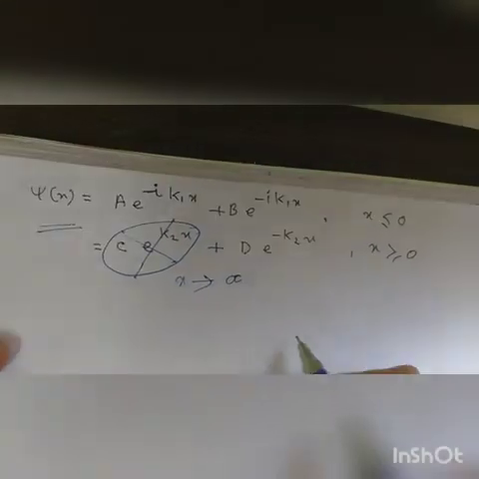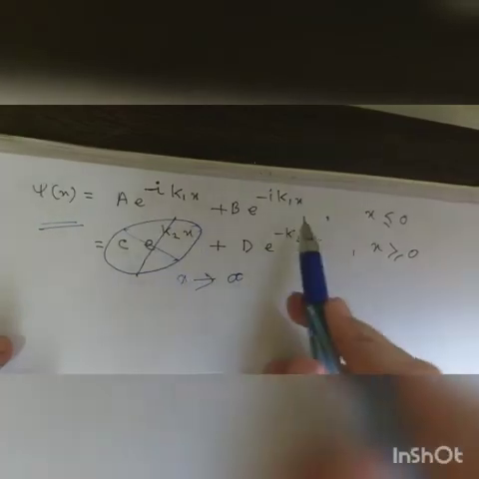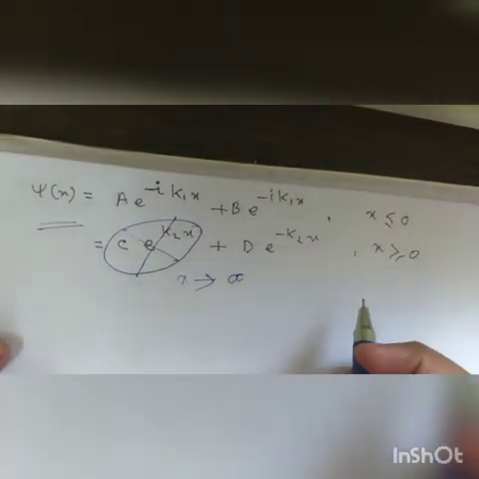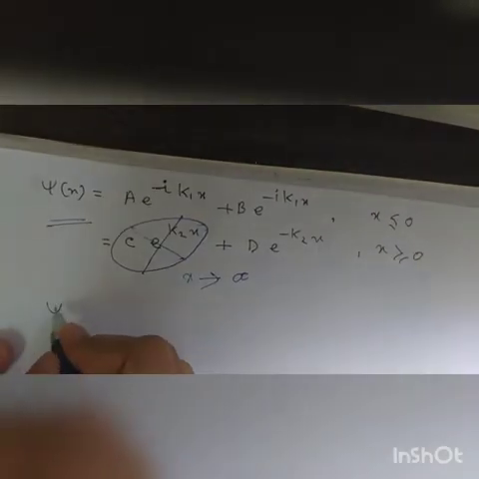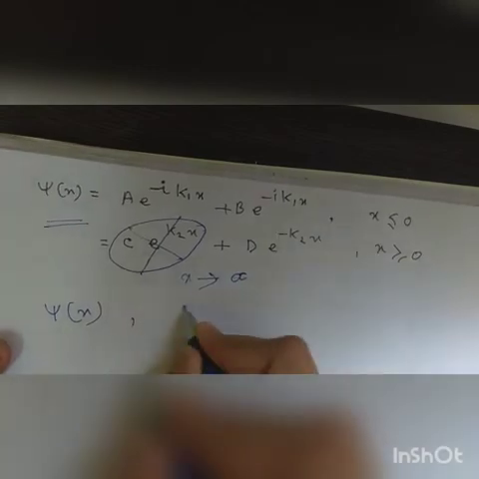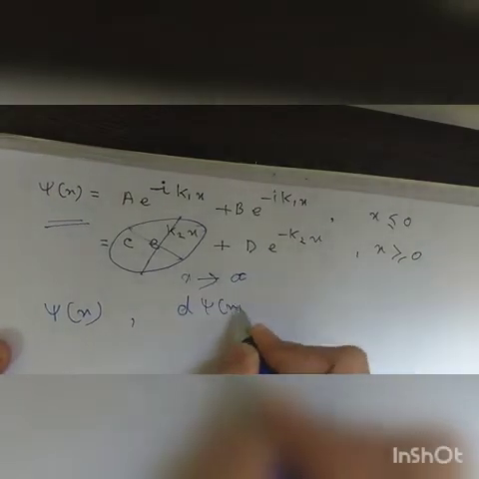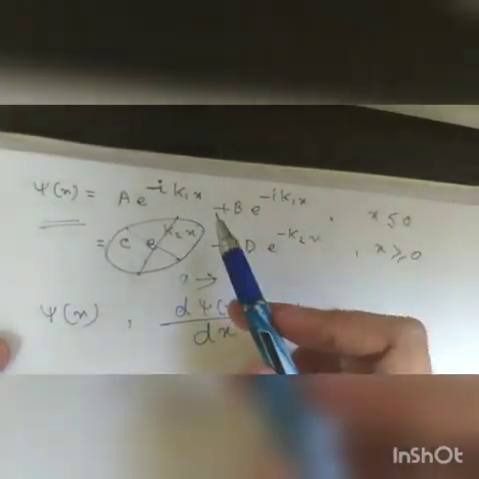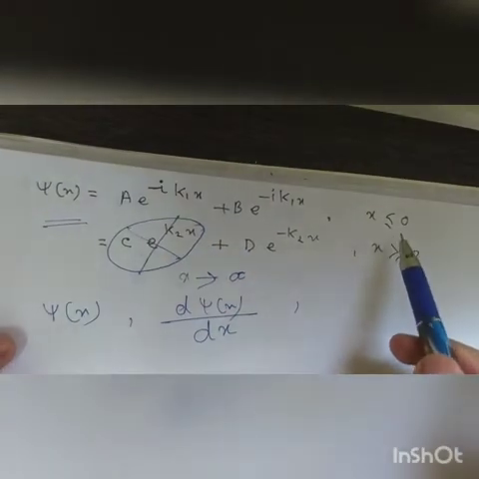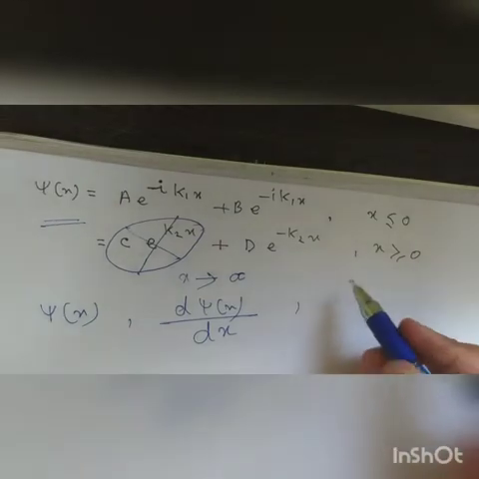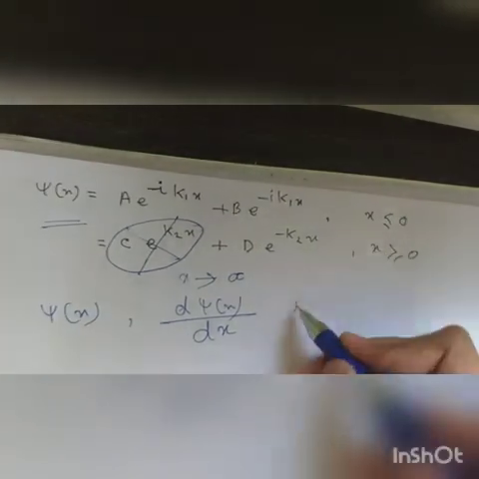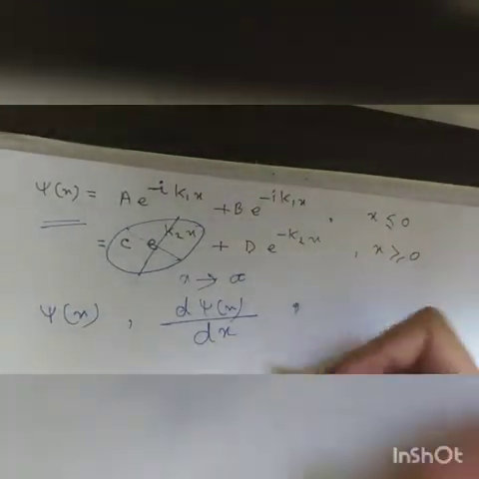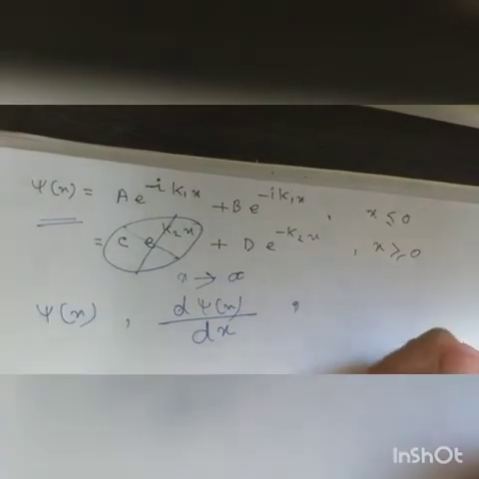So finiteness is already satisfied with the remaining terms. Then we would like to see the continuity of psi x and the first order derivative of psi x. It is continuous everywhere except possibly at x equals 0, and we would like to see whether it is still continuous at x equals 0 or not.